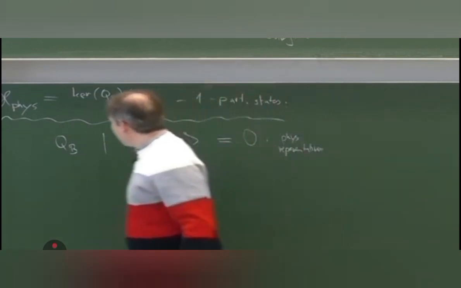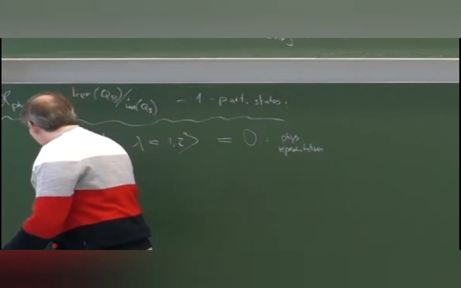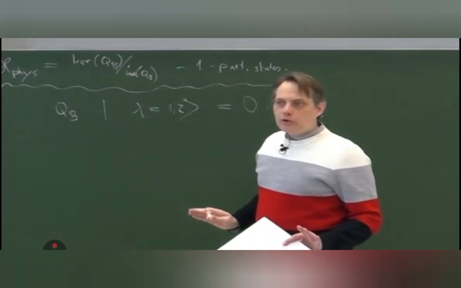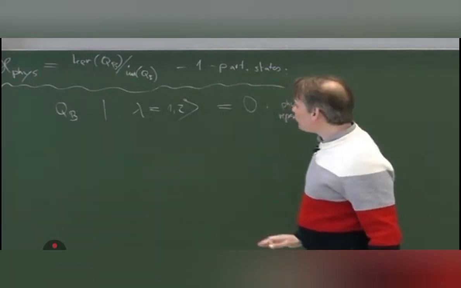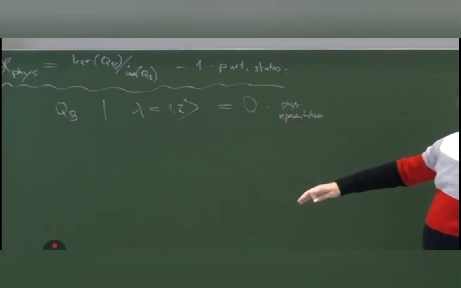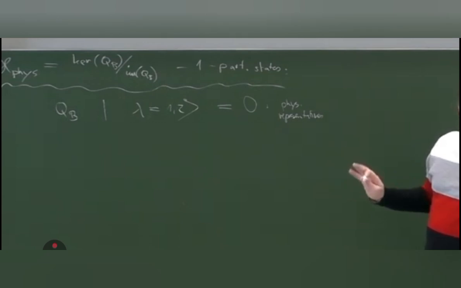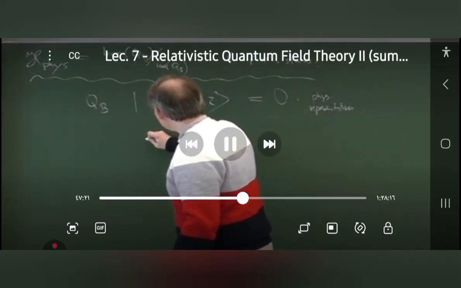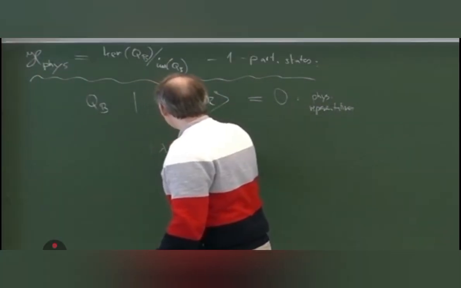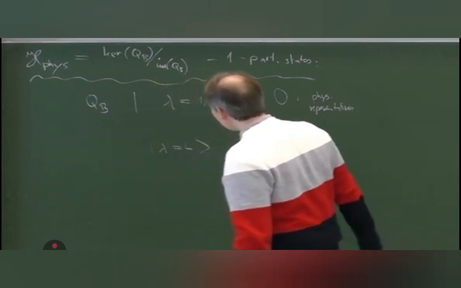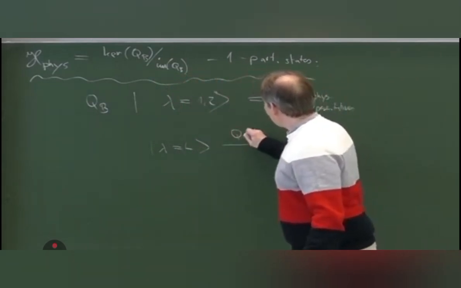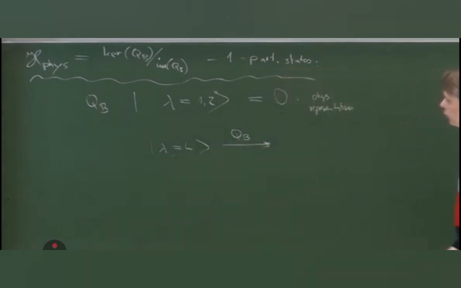On the other hand, let us write down in a nice structure a so-called BRST quartet, because the unphysical states, everything else is unphysical, can be organized in terms of so-called BRST quartets, which makes the structure really transparent and nice. So I order it now in a nice geometric arrangement. Let us start with lambda equal L. What happens if I apply QB onto that state?